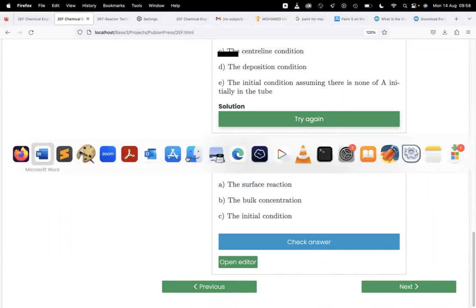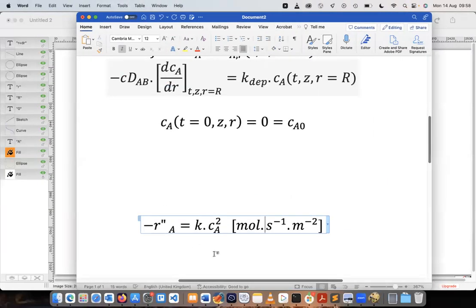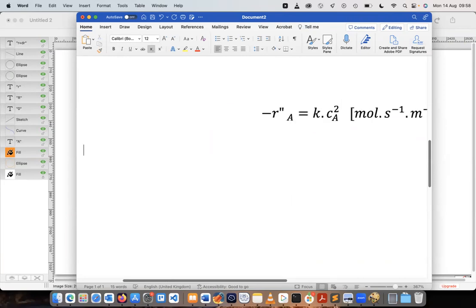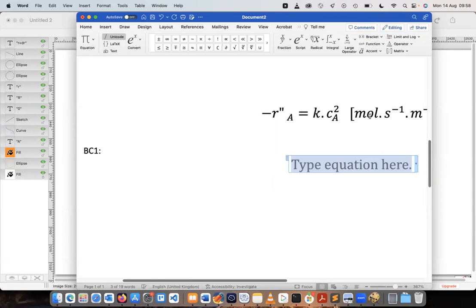Okay, so if it's an area-based rate on the particle surface, this is effectively a flux, right? This is the reaction flux. So what we can say then is, on the surface, BC1, we can talk about a flux on the surface.